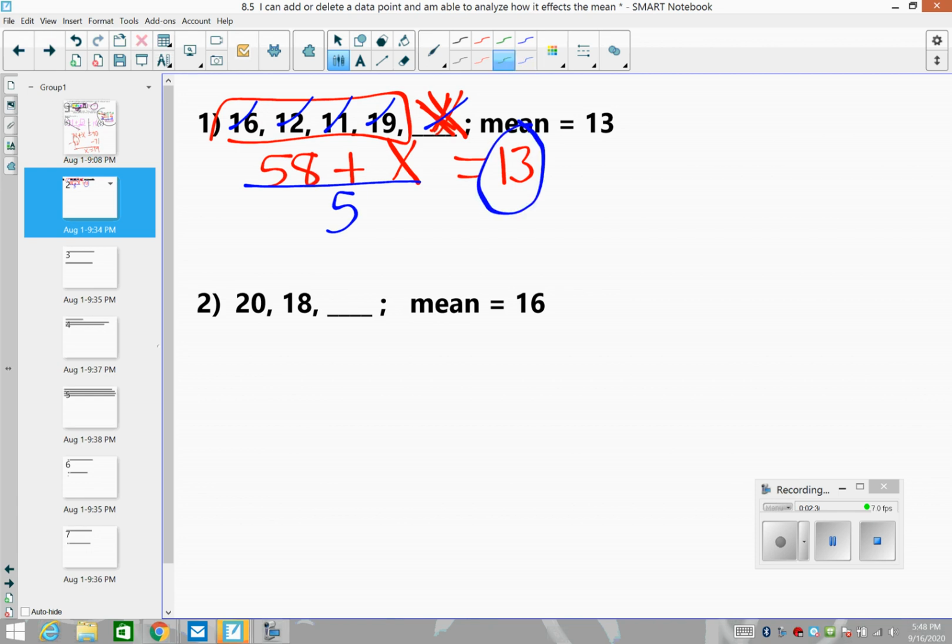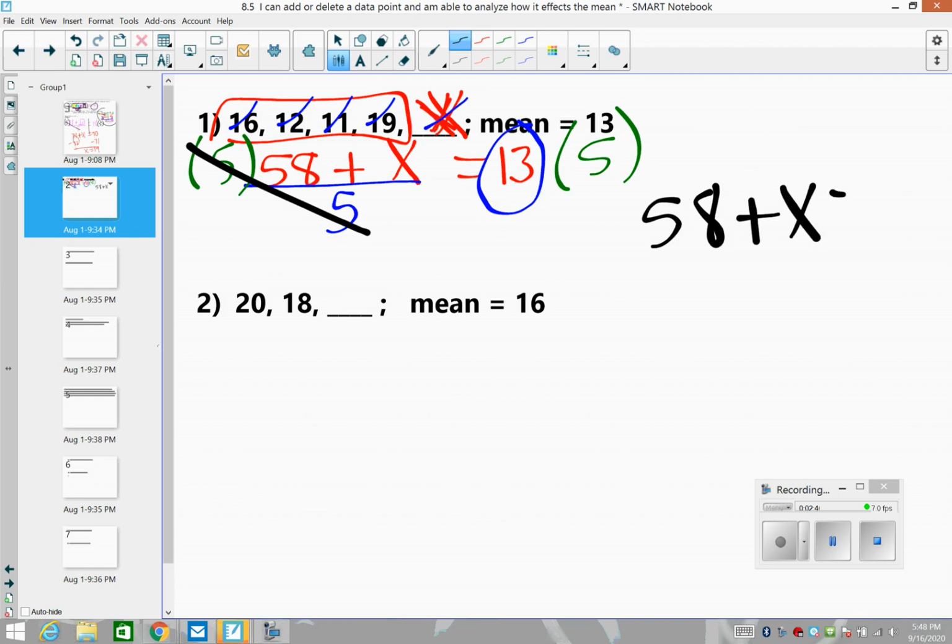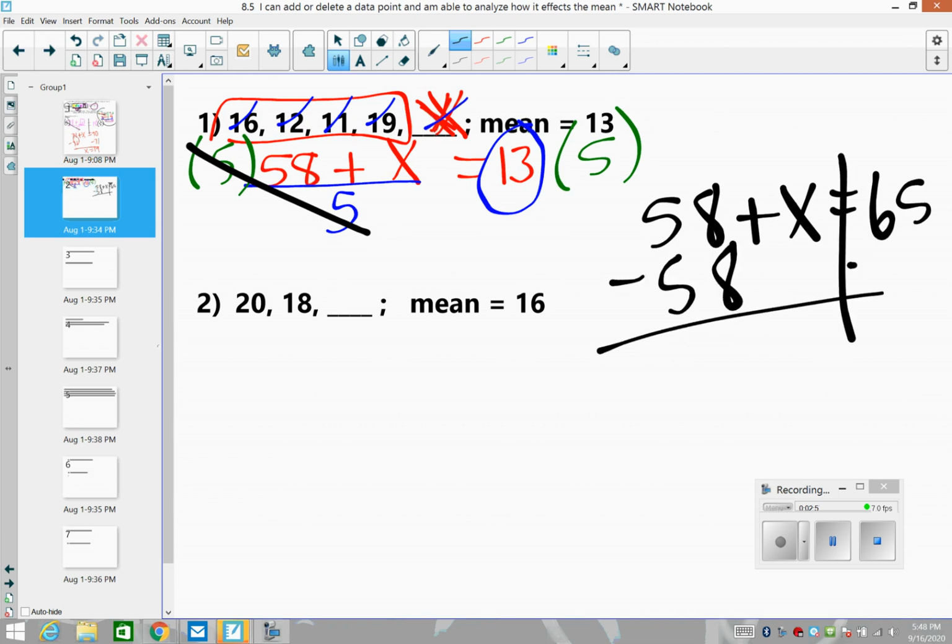So we're going to solve using what we know about inverse operations. We end up with 58 plus x equals, and it's the same procedure every time, 13 times 5 is 65. So we'd subtract 58, copy paste, copy paste. So we end up with x equal to 7. So we know this has to be a 7 in order for that data set to work out.